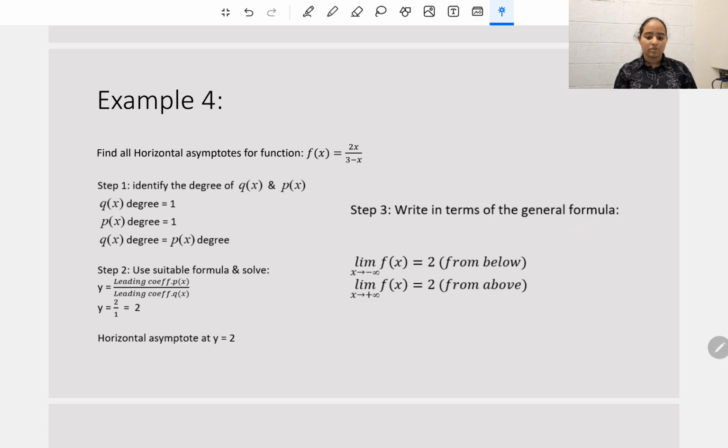When we substitute 100, if it's lesser than 2, then it's from below. Whereas if it's bigger than 2, then it's from above. In this case, as limit x approaches negative infinity, f of x equals 2 from below. And when limit x approaches positive infinity, f of x approaches 2 from above.